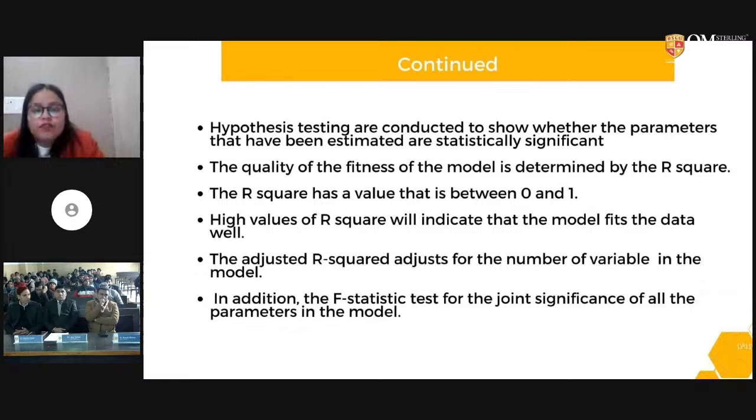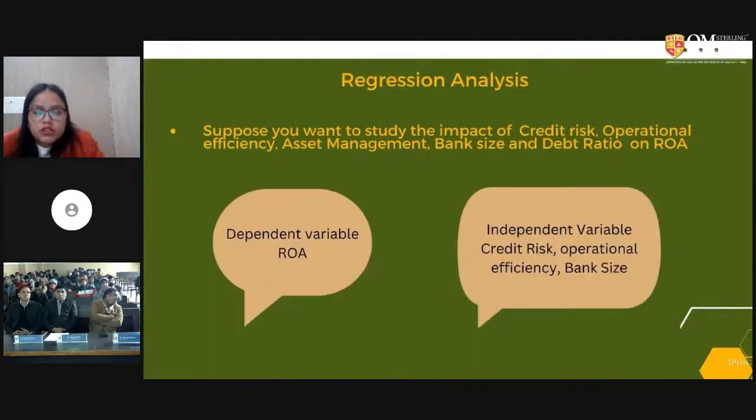That will show the test for the joint significance of all the parameters in the model that we have included. Next slide, please. I'm going to discuss how the results look in a particular regression analysis.